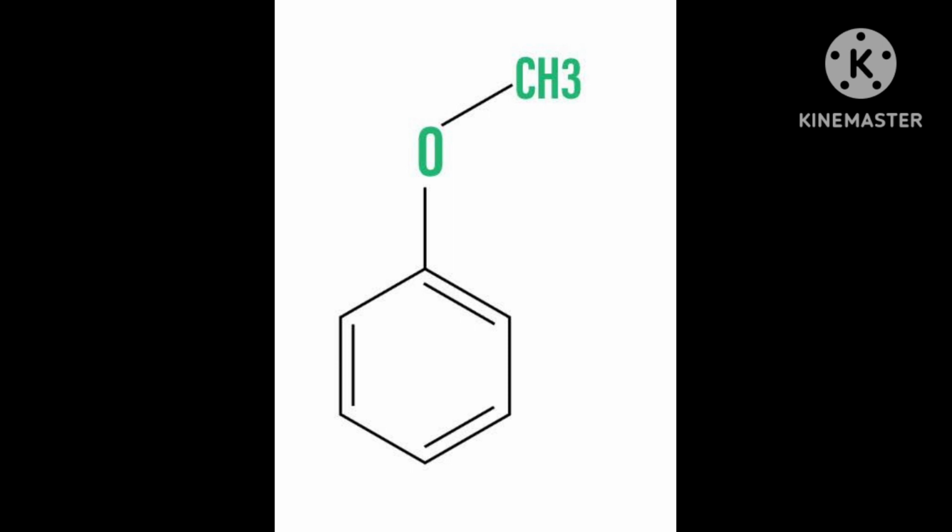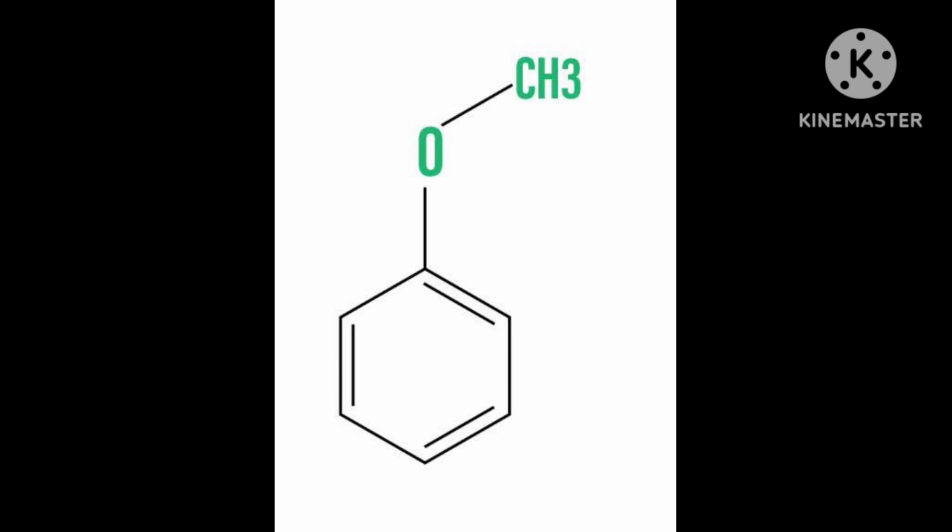Now I am discussing chemical reactions. Chemical reaction means chemical properties. Here first I will discuss cleavage of the C-O bond in ether. In ether there is a bond between carbon and oxygen. An alkyl group like ethyl or methyl, carbon is there.